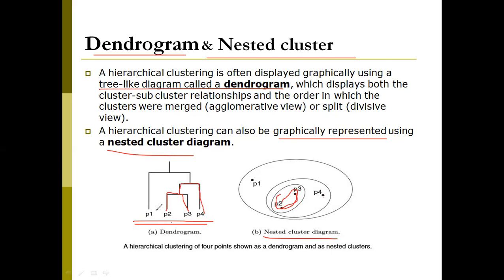After this, we have merged the P2, P3, P4 cluster into P1, right? So this is P1. If you represent the hierarchical clustering in this fashion, it is called a nested cluster diagram. There are two representations.